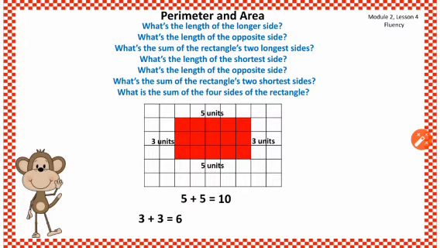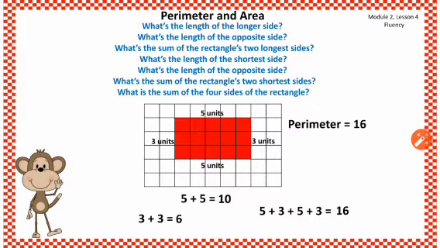What's the sum of the 4 sides of the rectangle? The 4 sides are 5 plus 3 plus 5 plus 3. And it will give you 16. Okay? Now the perimeter of this shape is 16. And the area of this shape is what? Yes, if the perimeter is 5 plus 3 plus 5 plus 3, which is 16, the area will be what?